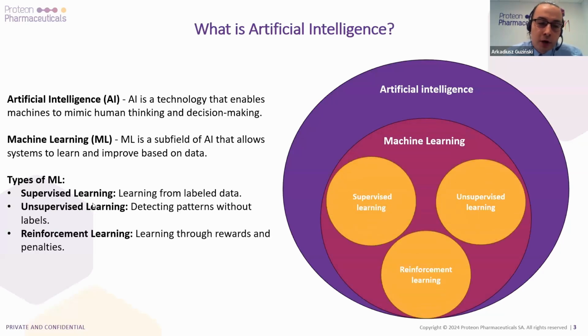And of course, machine learning can also be further divided, and we have different types of ML. I am just putting here the three, I think, most common and most popular types of machine learning. The first one is supervised learning, where models learn from labeled datasets.